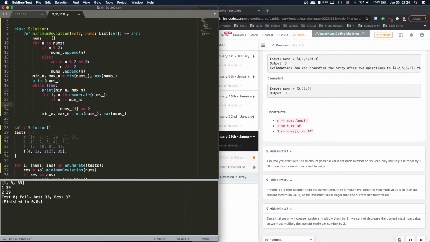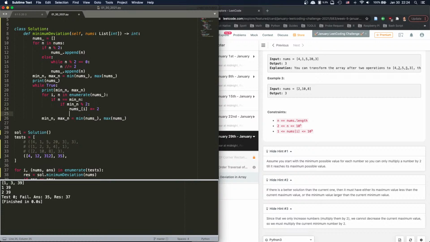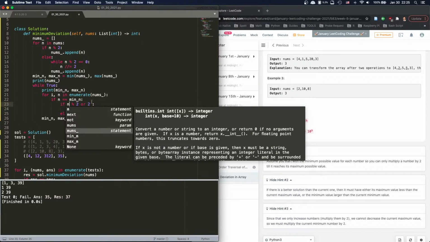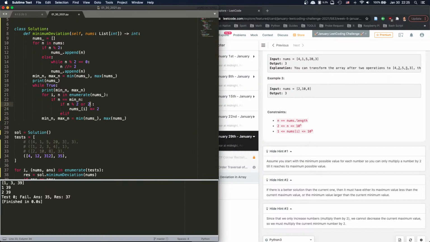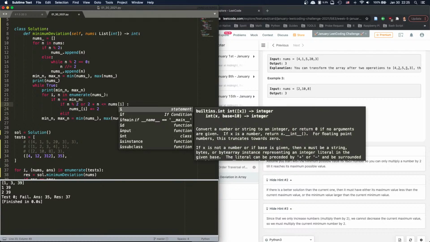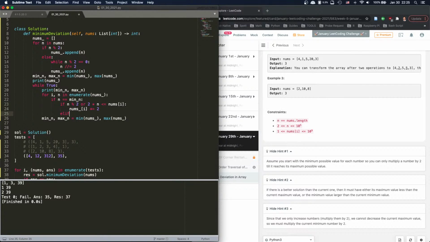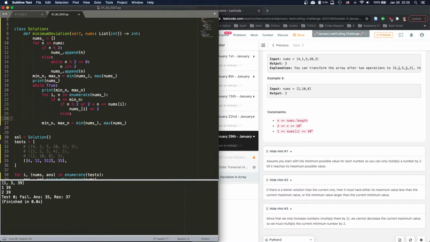If everything equals n, if min n is odd, like always, if min n is even, or, n is even, n is odd, we multiply, or n is even, and we just check 2 times n is smaller equal to num i, else when returned.